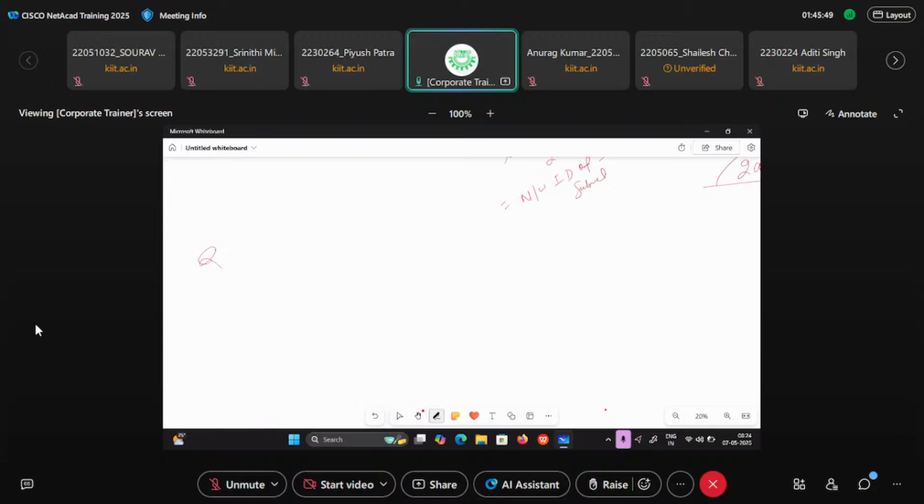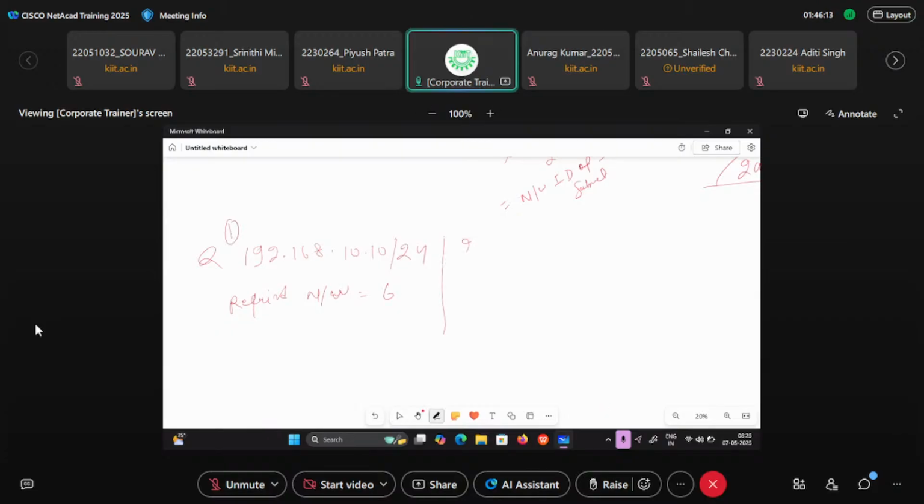You can try more questions, or class B, class A also you can try. So the first IP is 192.168.10.10/24. Required network is 6. यहाँ पे 6 नेटवर्क रिक्वायर्ड है पहले क्वेश्चन में.